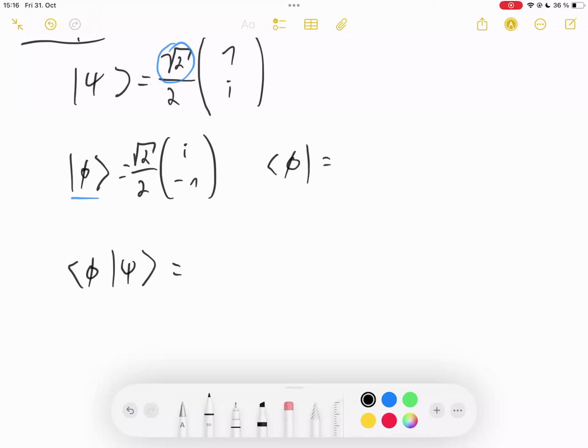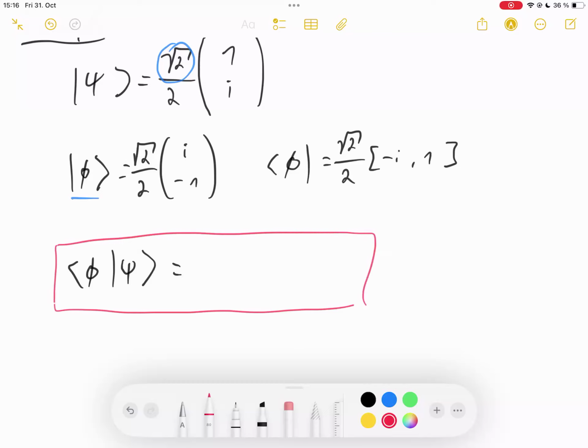So this will be a row vector. It's -i and 1. The normalizer just stays as before. So, now it's your task to calculate this one here. And if you have the result, share it with us in the chat, please.